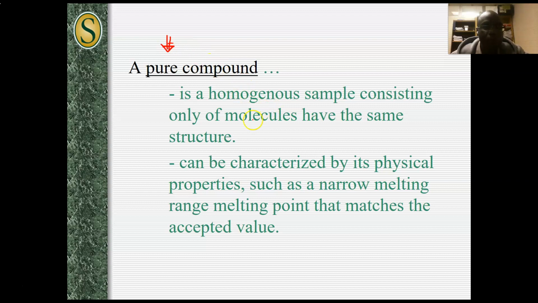So the goal is to get a pure compound. Okay? What's a pure compound? That's a compound that is uniform throughout. It has the same type of molecules. We call it homo, meaning the same type of molecules in the sample. Most of the time, pure compounds will give you a pure spectrum.